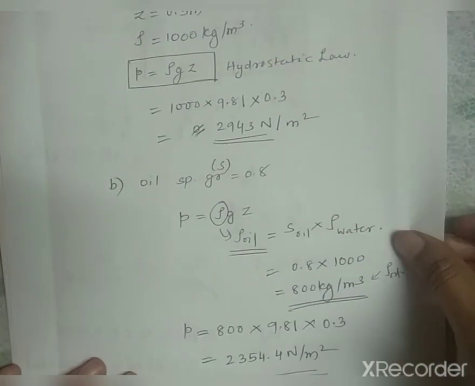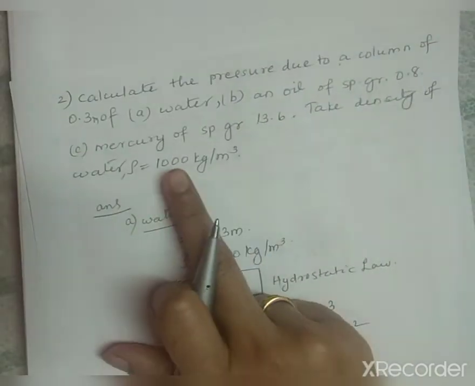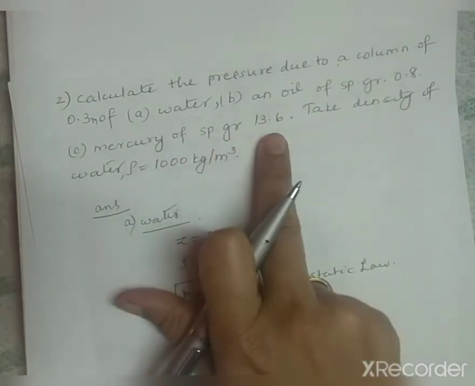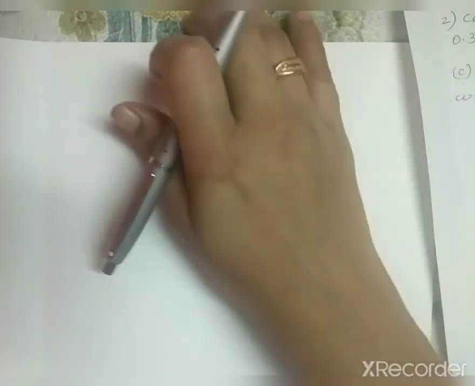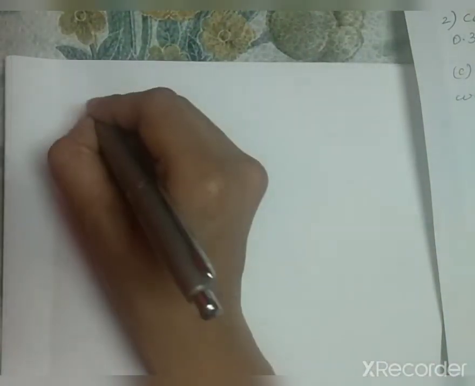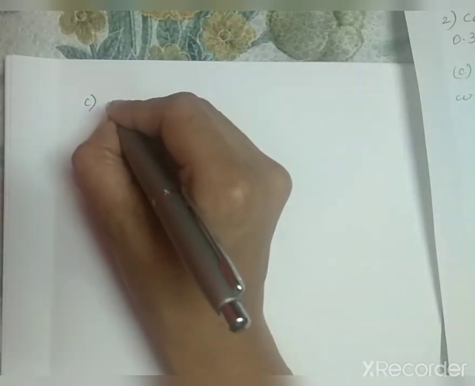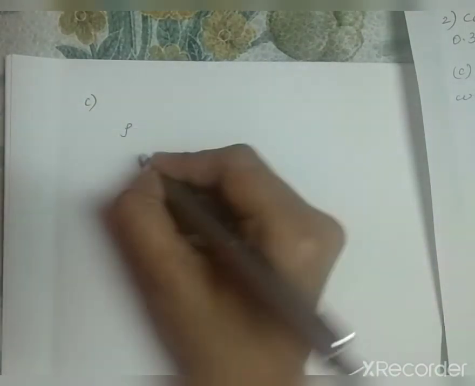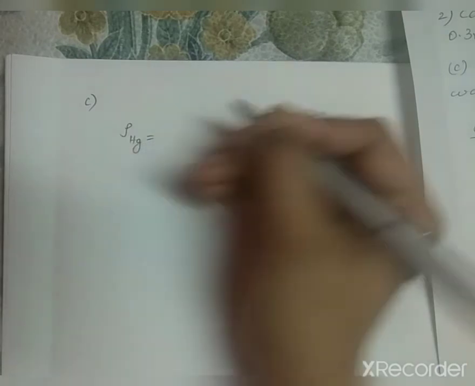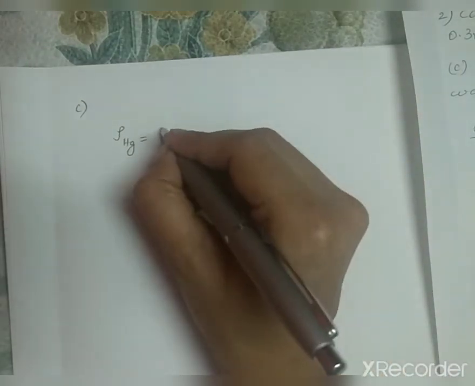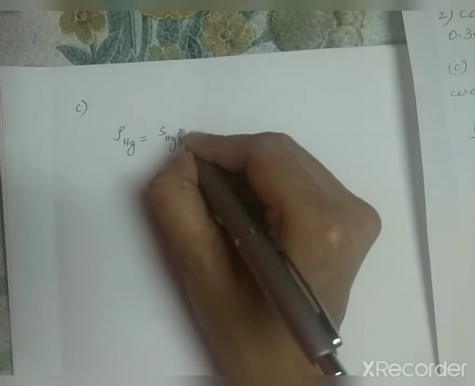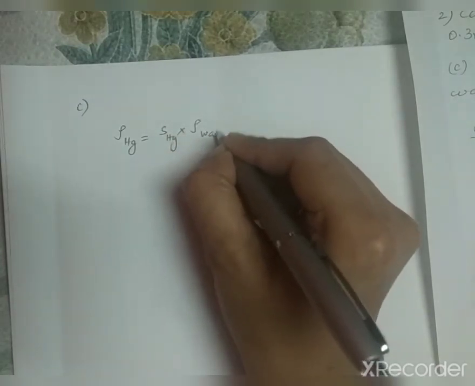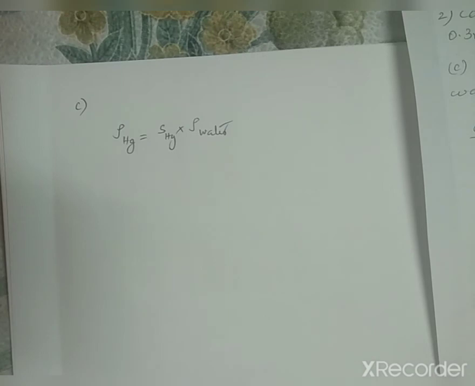What is the next part? The next part is mercury of specific gravity 13.6. For that, again you have to find out the rho of mercury as specific gravity of mercury into rho of water, isn't it?